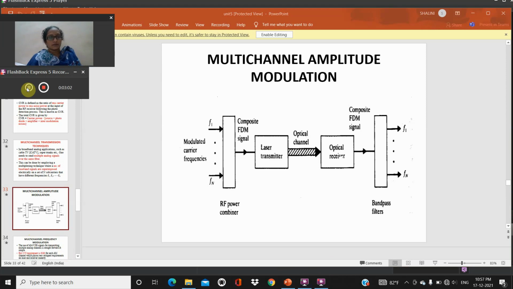This composite FDM signal is then given to the laser transmitter, and through the optical channel it is sent to the optical receiver. In the optical receiver, the composite FDM signal is sent to band pass filters, and the F1 to Fn signals are released in the receiver section.